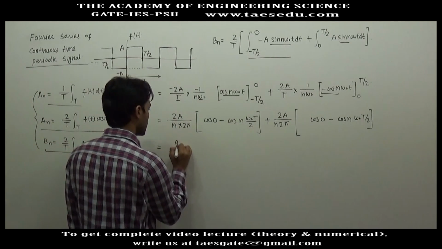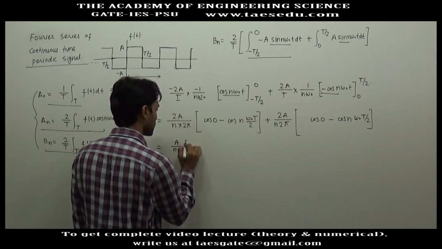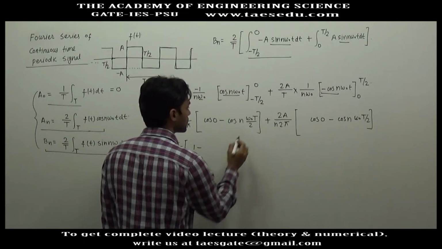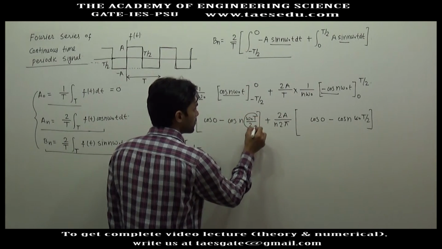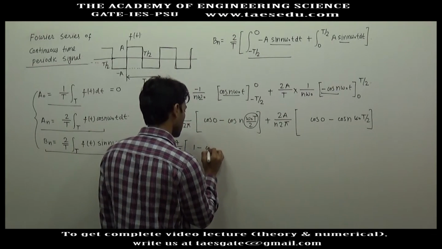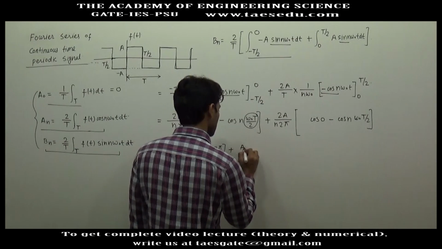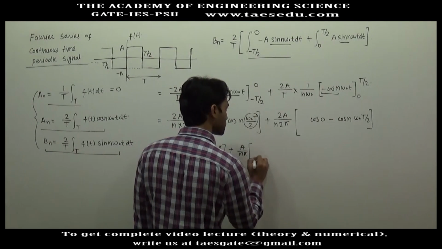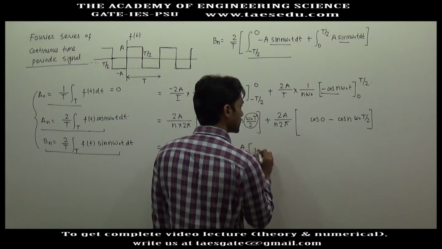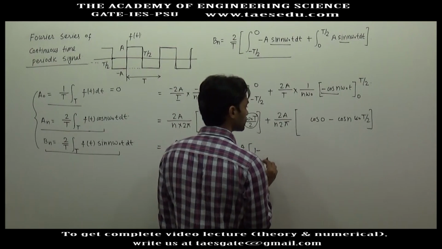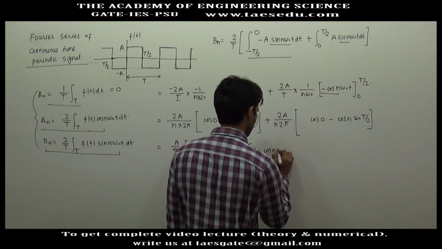So this will be A divided by n pi. Cos 0 is 1 minus cos of omega naught into T by 2, and this will be pi, so you have cos n pi. Plus, here also A by n pi, 1 minus cos n pi.